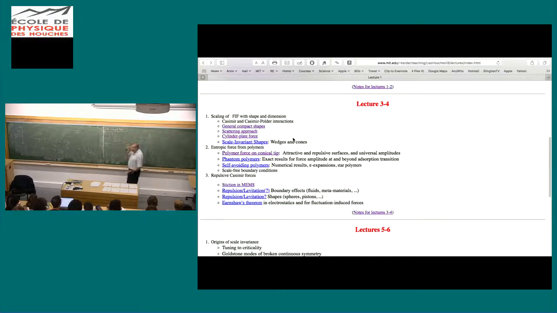There is some overall size because this polymer is made up of a finite, although very, very large number of monomers. There is a kind of typical radius of gyration. Let's call that Rg. And now I have this additional length scale h.